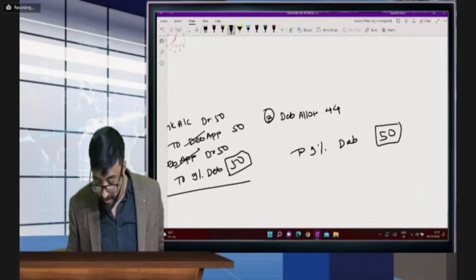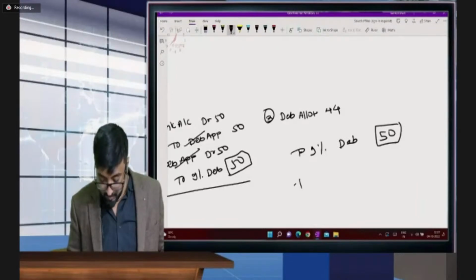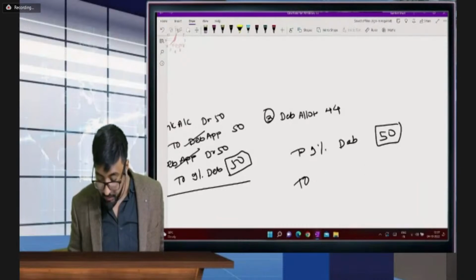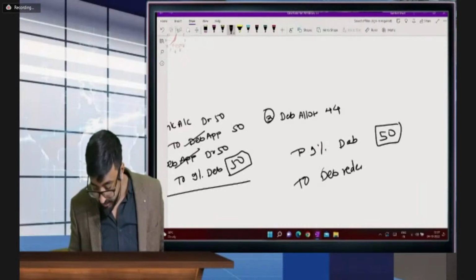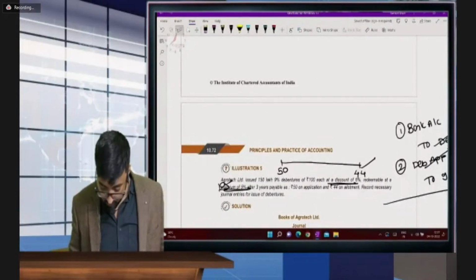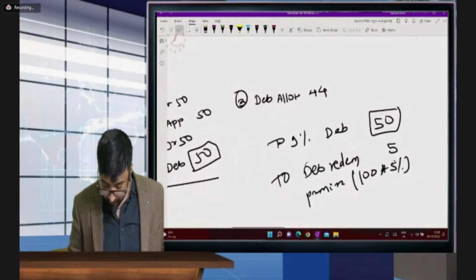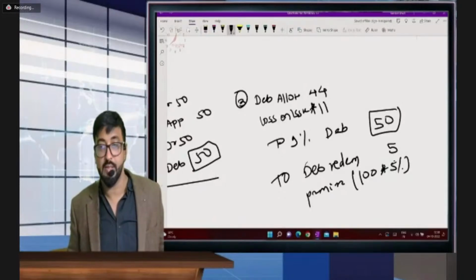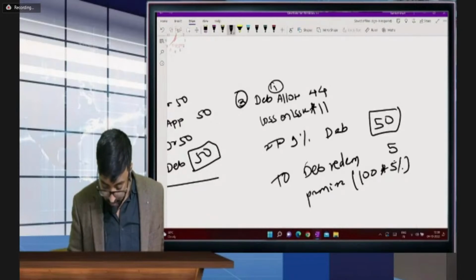So now again 100 rupees ka debentures, 50 rupees. To premium on redemption or debentures redemption premium account. You are paying 5% extra, 5. And loss on issue, balancing figure 11 rupees. Number 1, number 2, number 3, and balancing figure number 4.